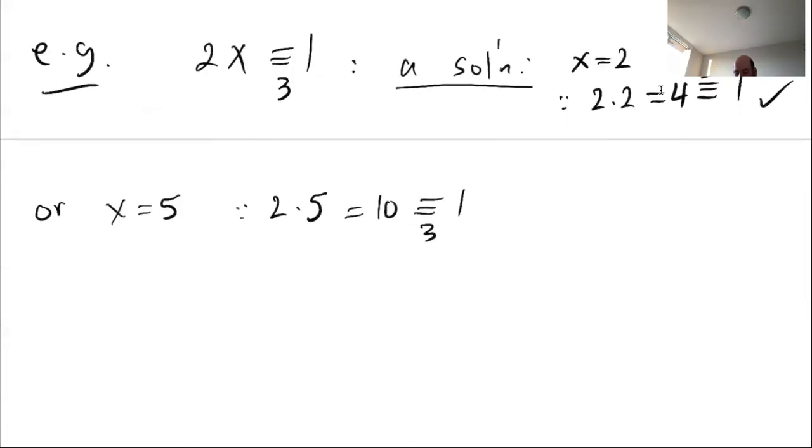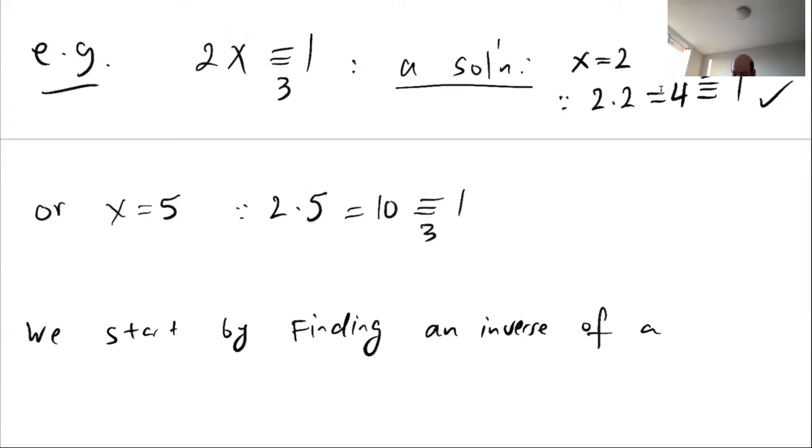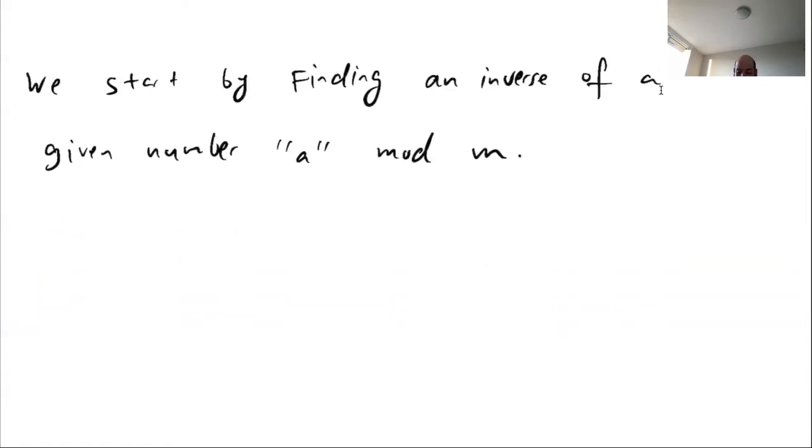So we start by finding an inverse of a given number A mod M. Remember that, as you know from high school, for example, to solve 2x equals 1, you multiply both sides by 2 inverse, and then you get x equals 1/2.